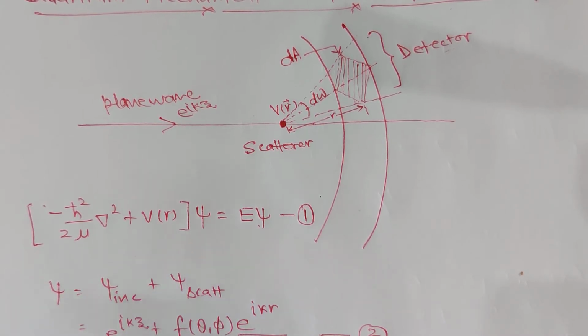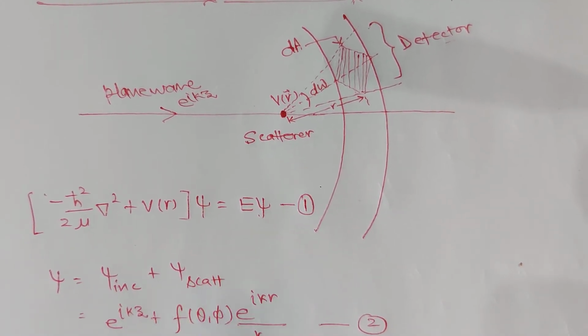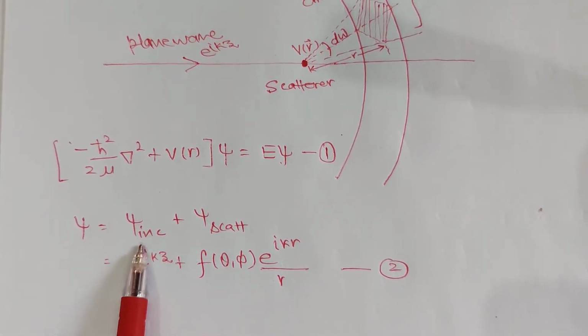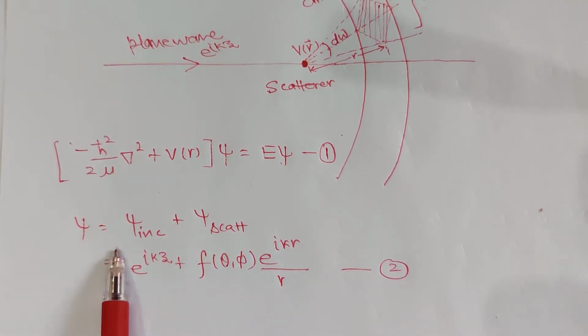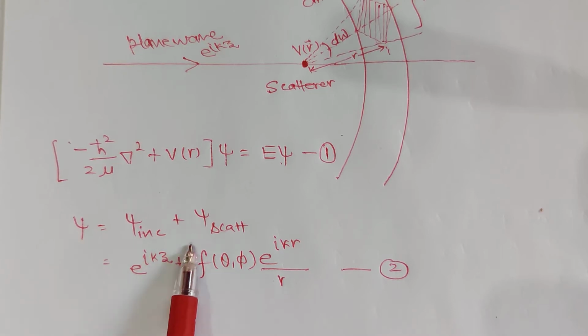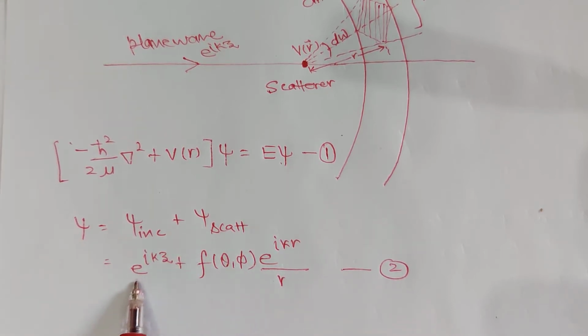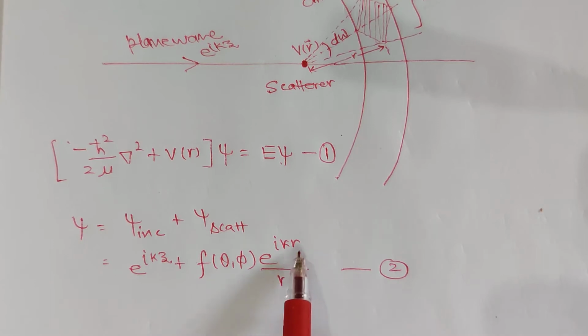Now the total wave function, that is the solution of equation 1, will consist of the incident plane wave and the scattered spherical wave, meaning psi equals psi incident plus psi scattered, or we can write exponential iota kz plus f theta phi exponential iota kr upon r.